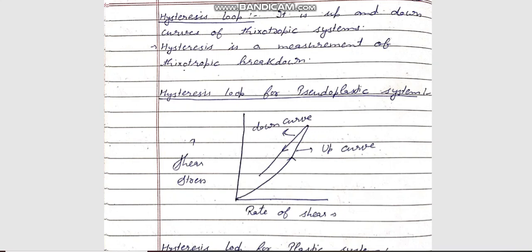So here we have used a single curve, a hysteresis loop for the pseudoplastic system. We can also use the curve for the plastic system or dilatant system. This curve represents a graph between shear stress and the rate of shear.